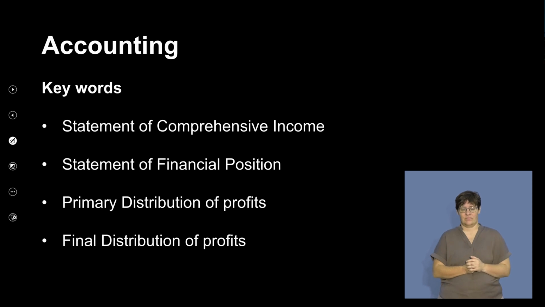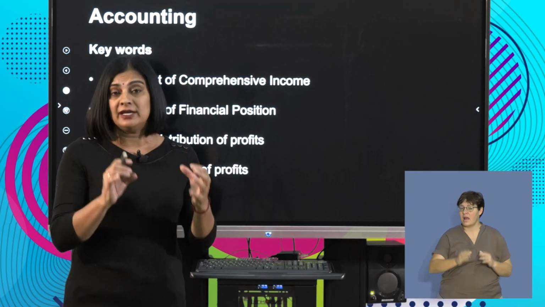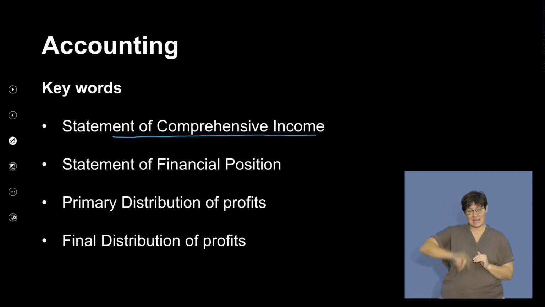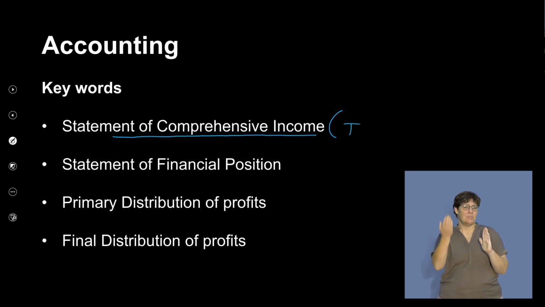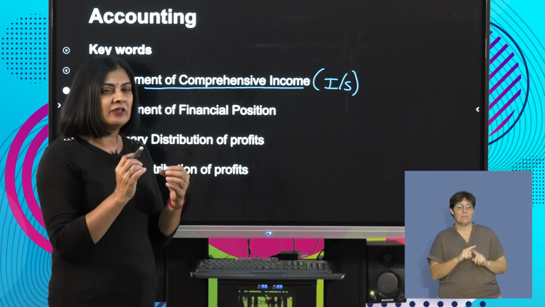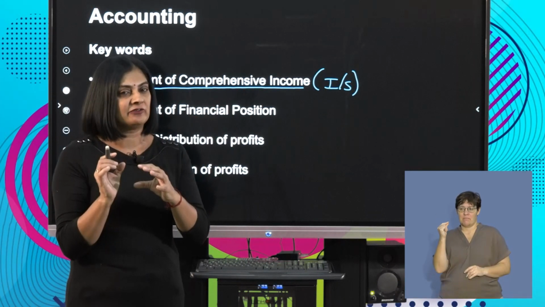Now, some of the key concepts that I want you to focus on that we are going to come across in our lesson are as follows. Your statement of comprehensive income. Previously we called this the income statement. Some of us are still used to the term income statement, but I want you to call this the statement of comprehensive income.